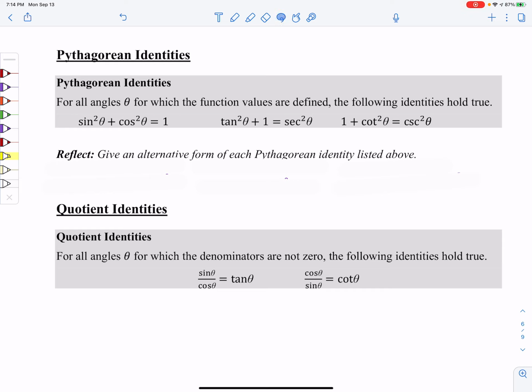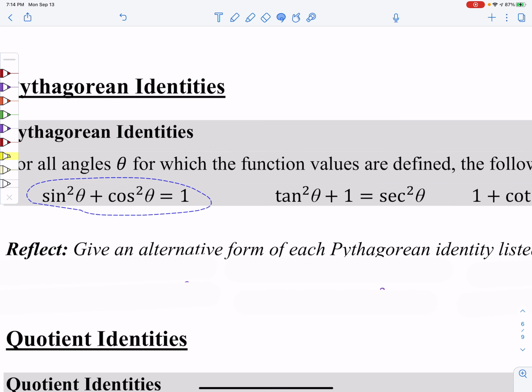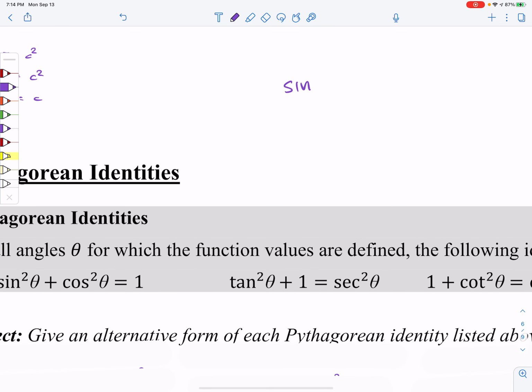The first Pythagorean identity is sine squared theta plus cosine squared theta is equal to 1. So let me just stop right here and talk to you a little bit about what this means and what it doesn't mean. So let's look at sine squared theta.